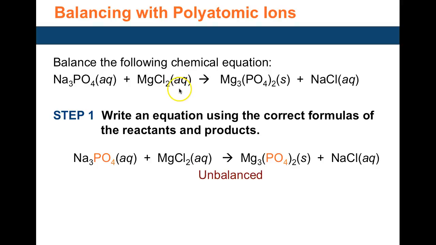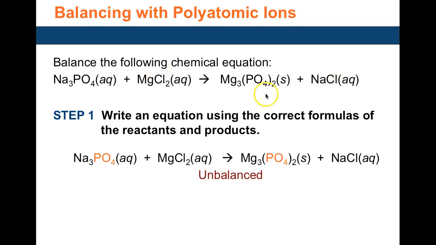When these two react, the two in the middle, magnesium and the phosphate, exchange dance partners. So it forms magnesium phosphate, which is not soluble. So that's a solid, a precipitate that comes out of solution. The extreme left and extreme right, the sodium and the chloride, come together.